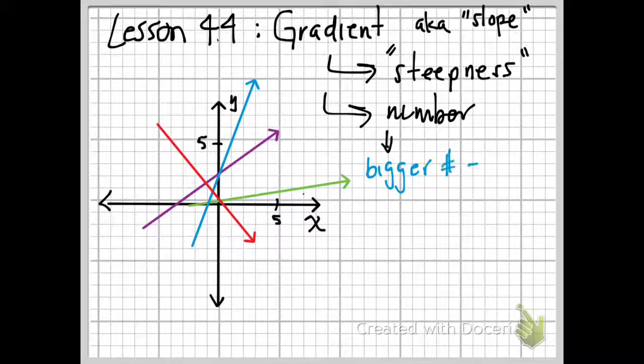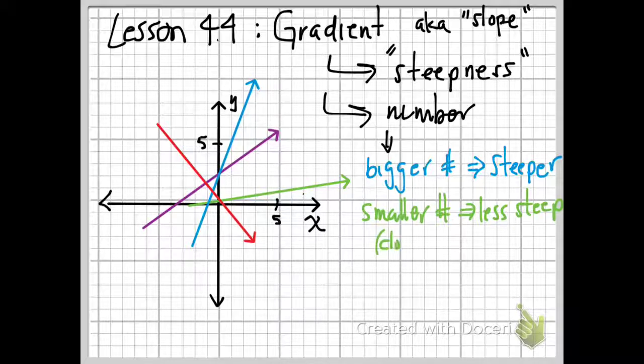A bigger number for the gradient means that the line is steeper. So that would, of course, imply a smaller number means that it is less steep. Now, there's one little thing that can get a bit confusing with this concept, and so I'm just going to tell you how to make sure you've got it the right way around right now, and that is that a smaller number is a number that is closer to 0.